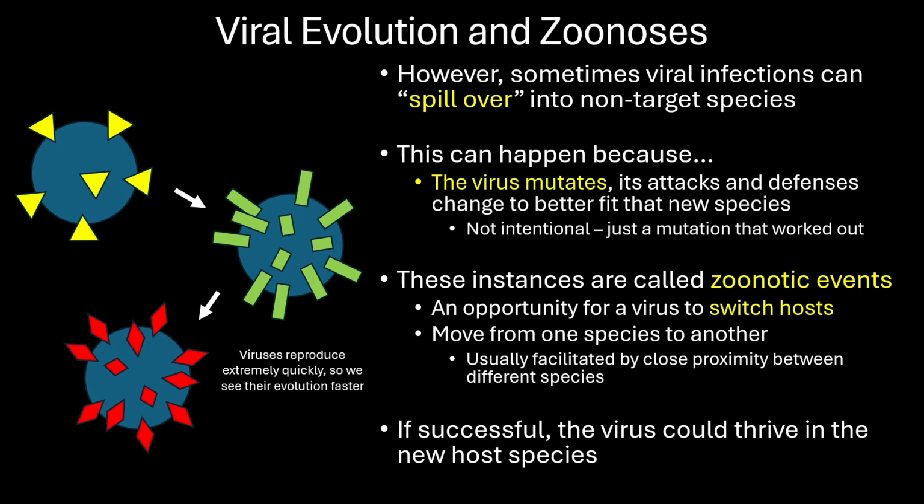This can happen because the virus may undergo a mutation, like we mentioned before, and that changes the way that it interacts with potential hosts. Suddenly, its unique features might be now a better fit to infect that new species rather than its previous species.